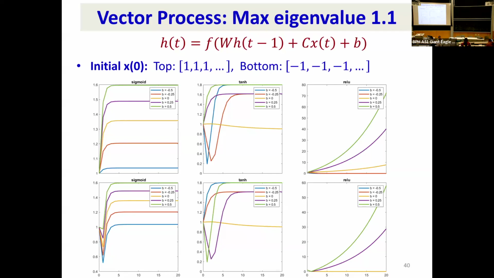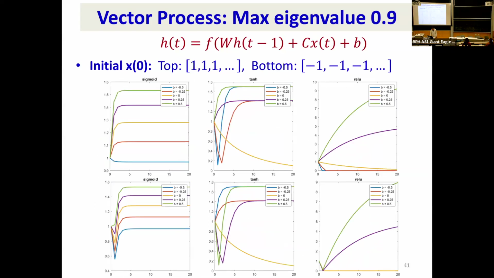The lesson is that what is remembered, quote unquote, does not depend on the input anymore. It only ends up depending on the parameters. And how long it holds on to things also depends on the activation, but that's it.